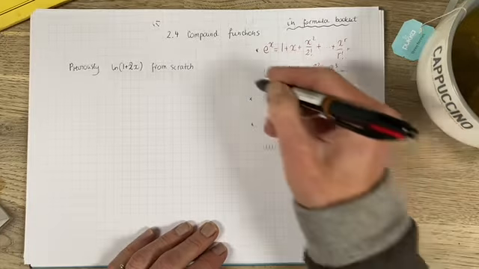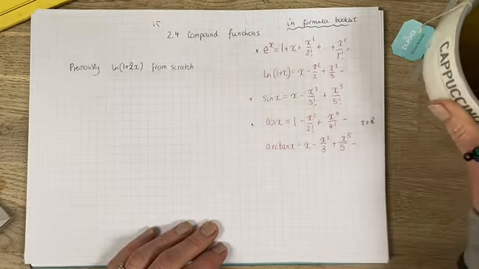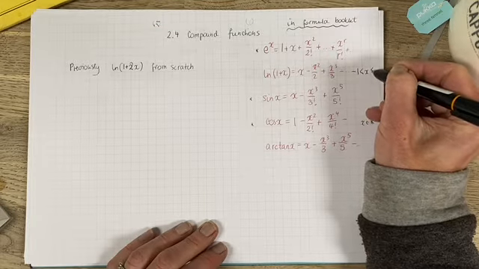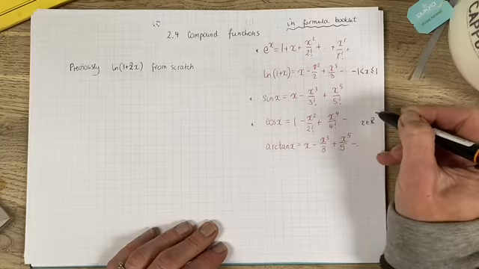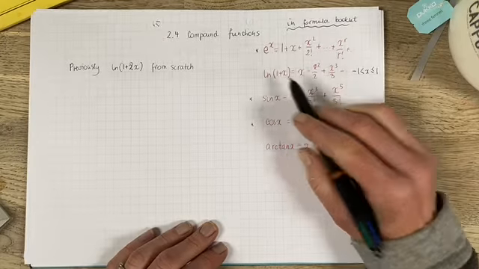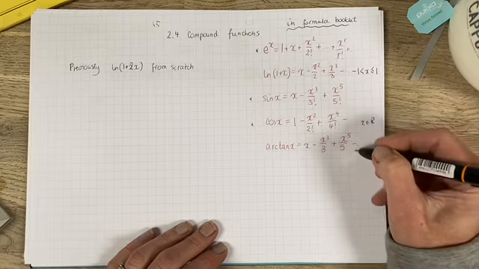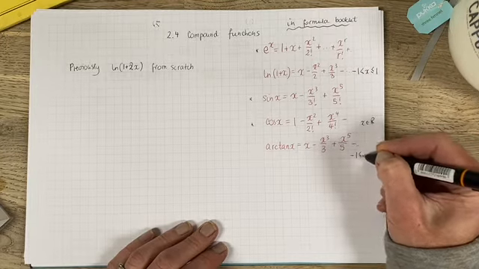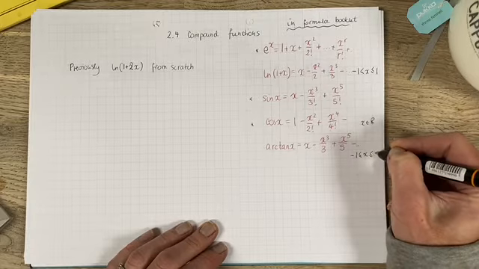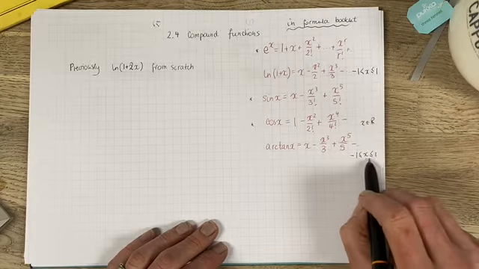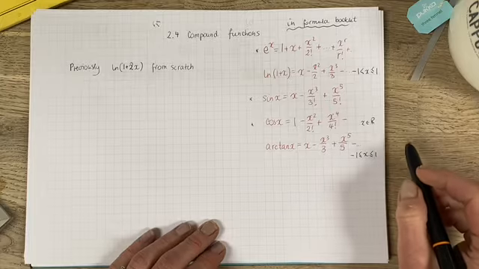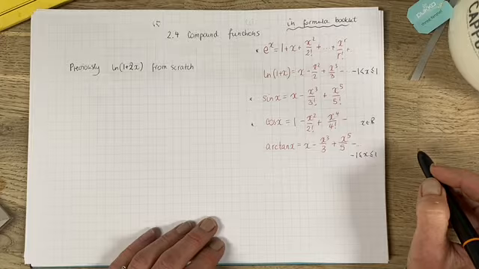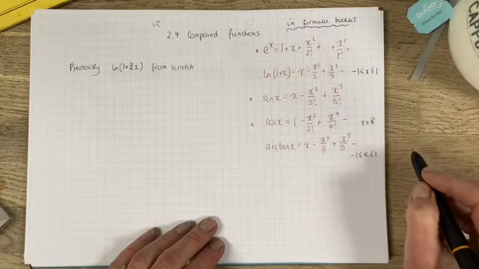With ln, it's valid for all the x's between -1 and 1, not including -1, because that would clearly make that equal to 0, while the arctan is valid for -1 to 1. It's a closed interval, so we've got both -1 and 1 belonging, it being valid for.